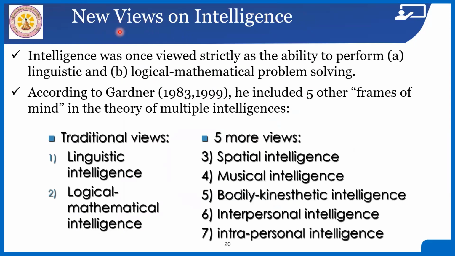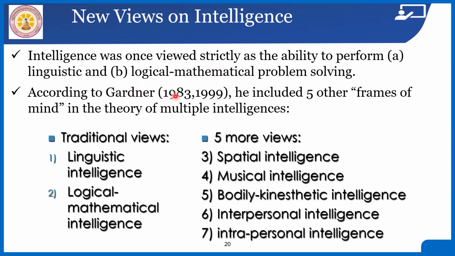Okay, now move to new views on intelligence. Intelligence was once viewed strictly as the ability to perform linguistic, language, and logical mathematical problem solving. You know, logical mathematical problems, how to calculate, especially based on maths.